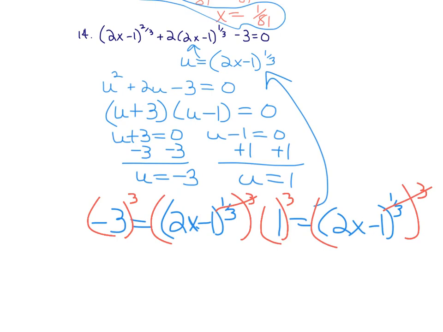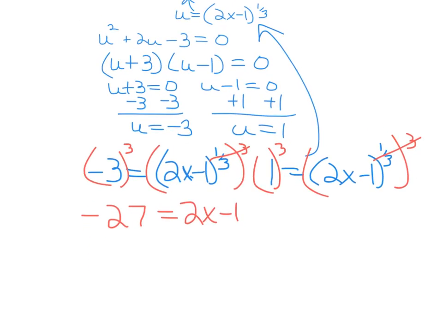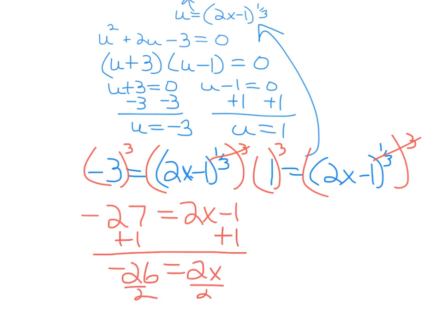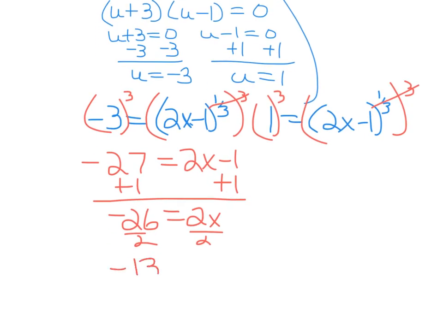So then I get negative 3 to the third power is negative 27. The 2x minus 1 comes out. Add 1. Negative 26 equals 2x. Divide by 2. Negative 13 equals x. 1 to the third power is 1.